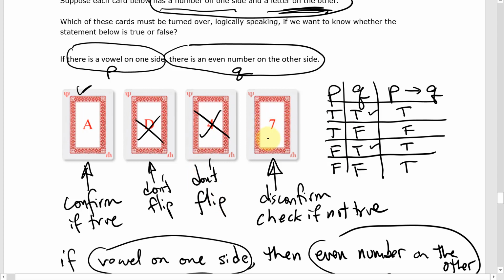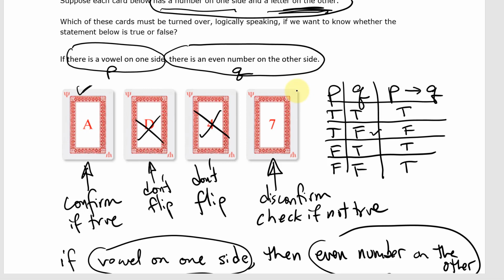But then this one you do have to flip because what we have here, the even number on one side, is actually false. So now we're in the case here. I'm right back in this case because Q is false. There's not an even number on the other side from the letter. This is not an even number. So this Q is false.